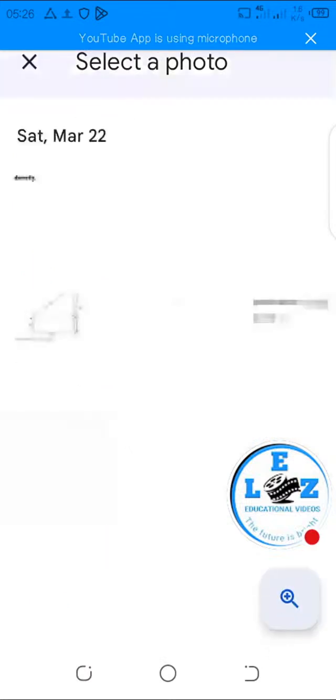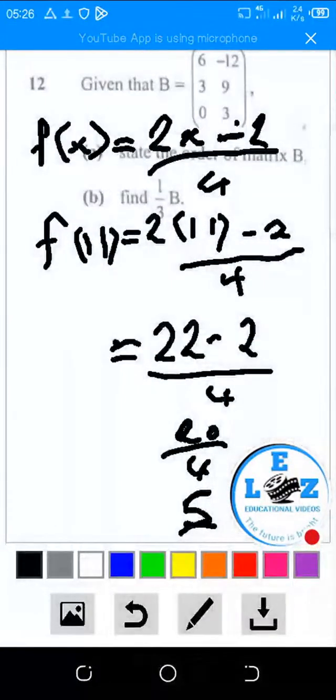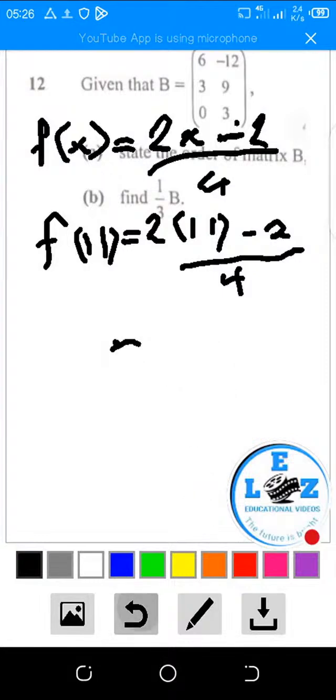Okay, so these questions are coming from mathematics paper 1 2024 internal.